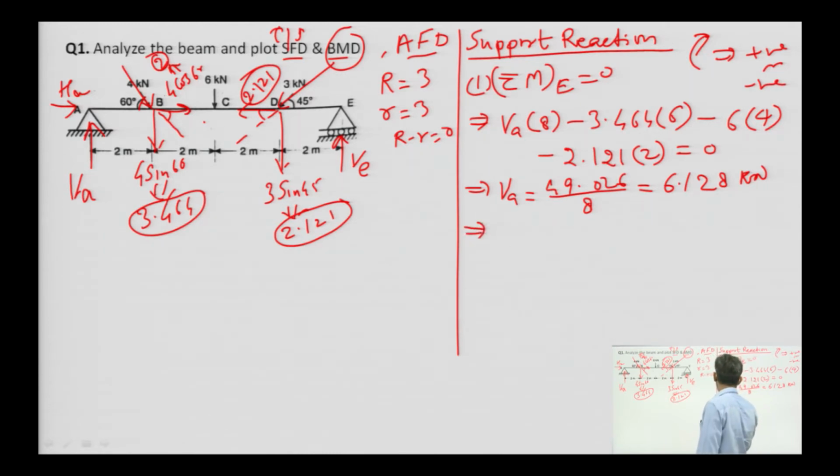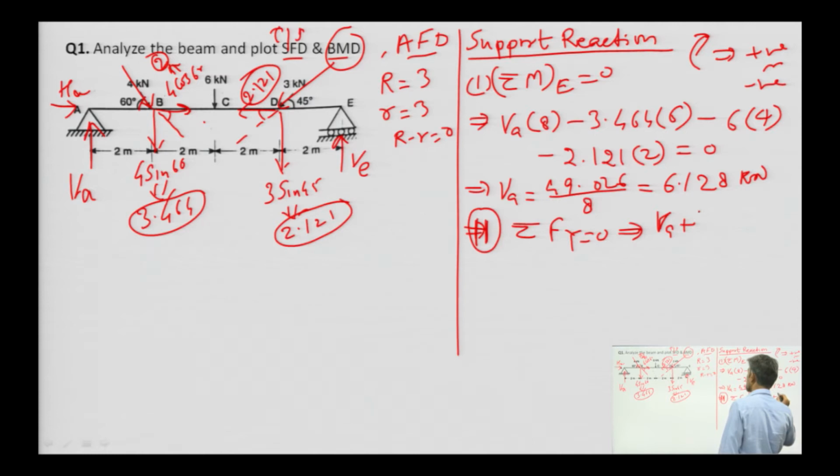So, what will be the value of VE? Okay. So, this is one, and apply another equation, number 2, sigma Fy equals 0. By applying sigma Fy equal to 0, what do we have? VA plus VE is equal to total load. Total load is what?